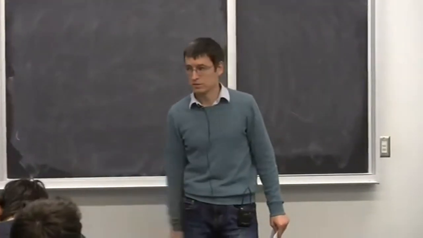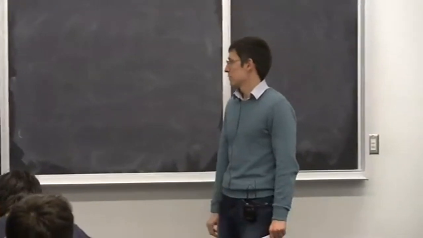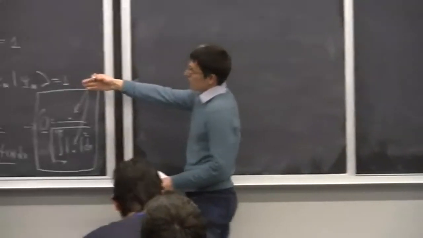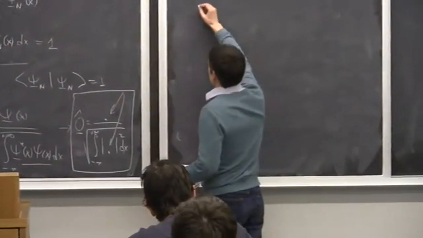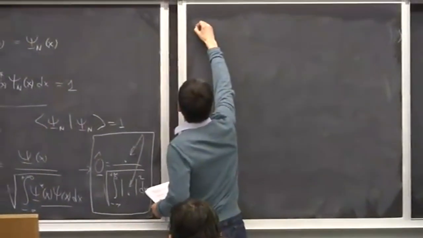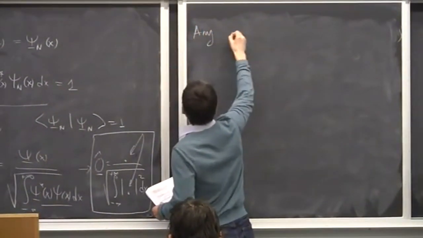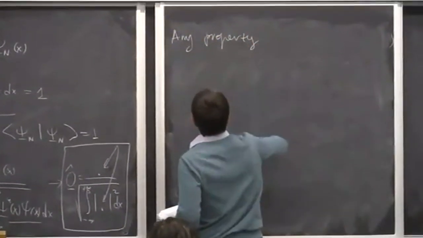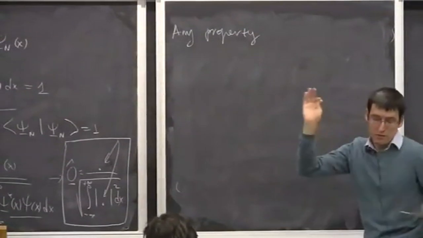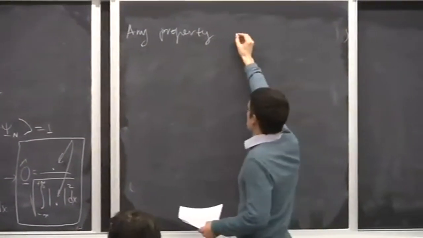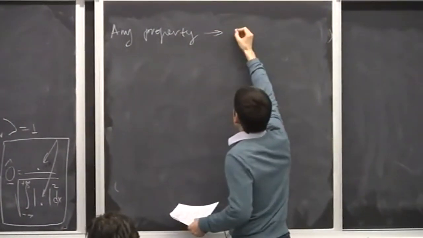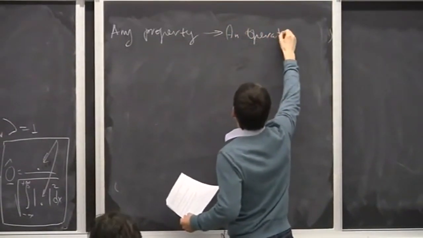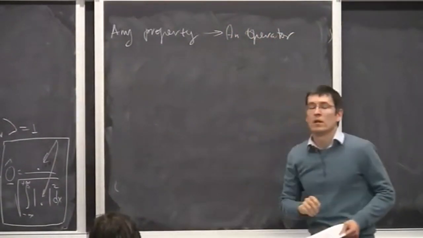Because it can predict without doing experiment. Now, we talked before why operators are so important, because any property in real life, in quantum mechanics, has an operator, right?